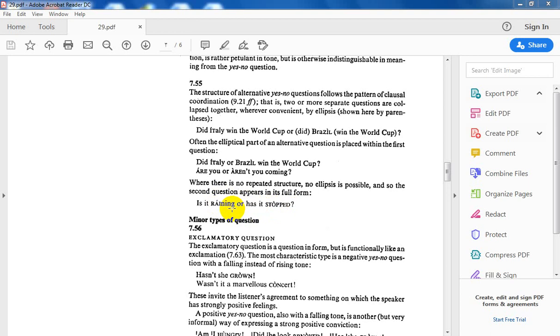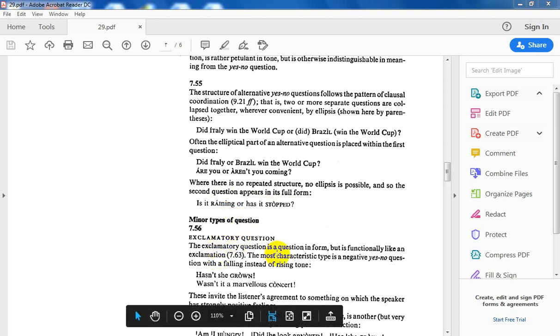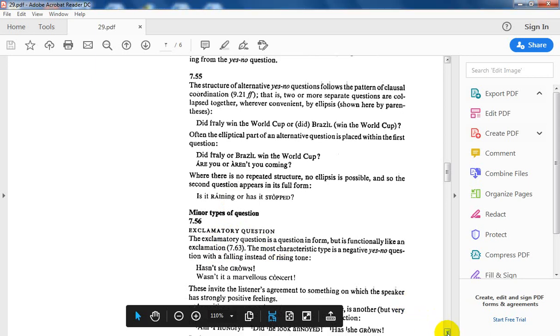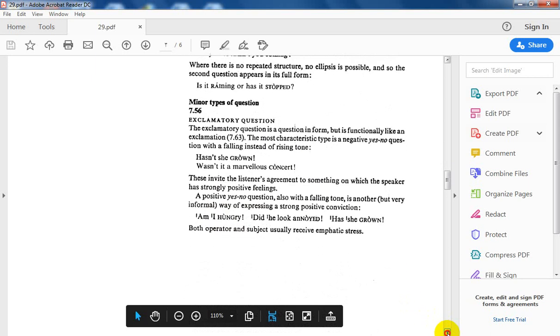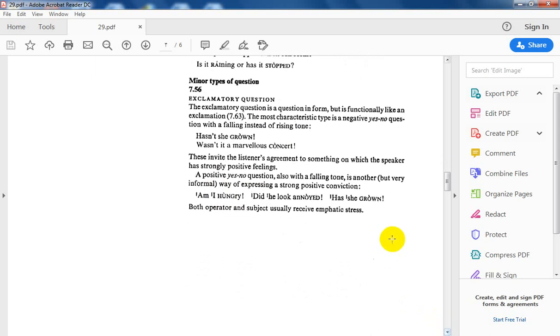We have tackled the yes/no question, the WH question, and the alternative question. We have minor types of questions, starting with the exclamatory questions. What is an exclamatory question?